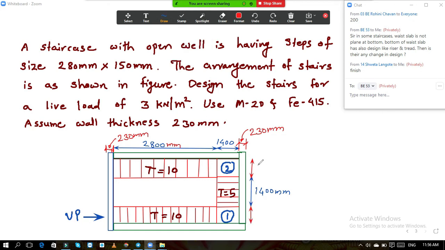It is again the same 1400 because this is landing.